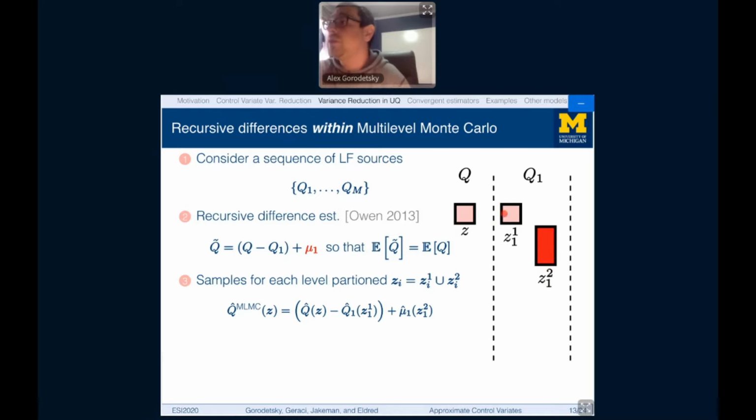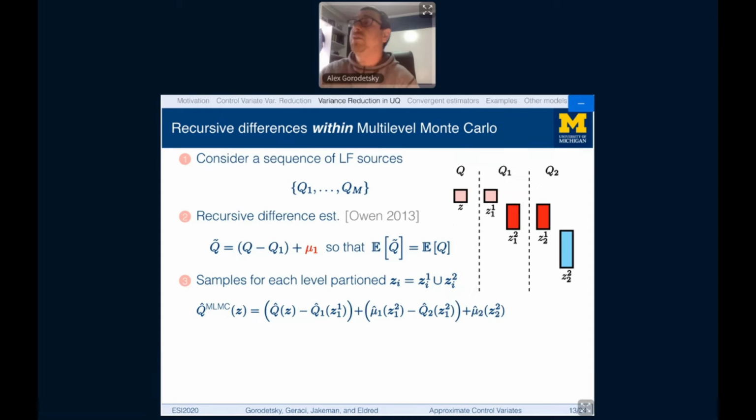We use the same samples for Q1 hat, but then we use additional samples for mu1. But we want to then accelerate mu1 because we have higher discretization. So we're now going to replace mu1 with another recursive difference estimator. This recursive difference estimator, the Q2 hat, is going to share the samples with mu1 hat. And then it's going to have more samples for the mu2 hat. Okay.